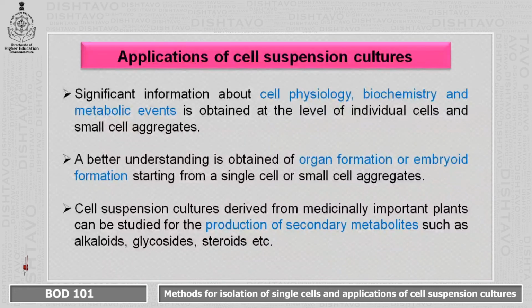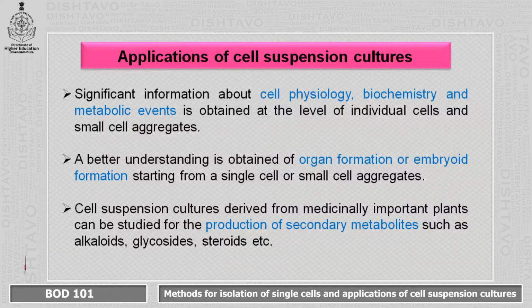Now we will learn the applications of cell suspension cultures. Significant information about cell physiology, biochemistry, and metabolic events is obtained at the level of individual cells and small cell aggregates.